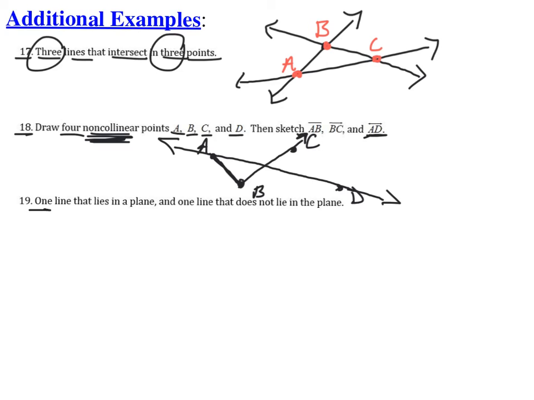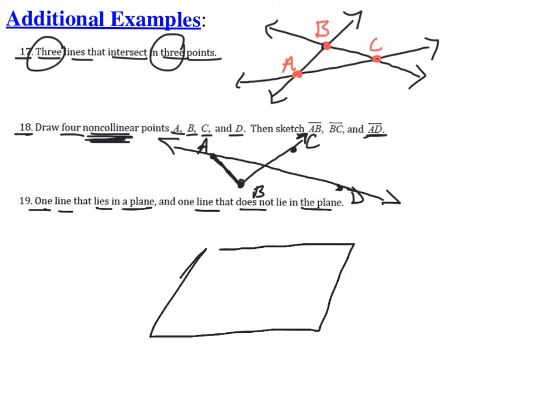My final example deals with one line that lies in a plane and one line that does not lie in the plane. First, let's start with our plane. All right, you can call it whatever you want. I'll put a bold capital A down here for plane A. And I want one line that lies in the plane.